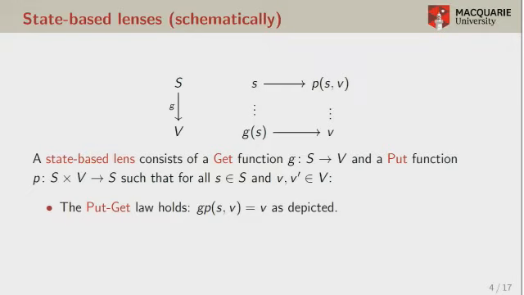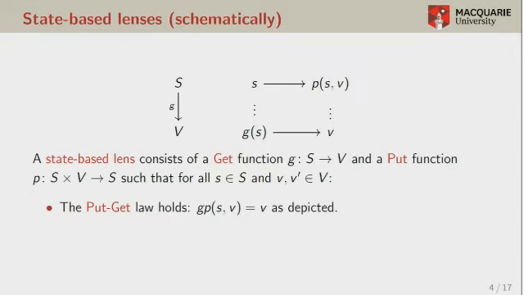It takes a pair of states, so our S, which comes from our source, which is where we start, and a view, which is where we update to, and this function takes that data and spits out a new source state, which is synchronized with this view state. So this put-get law really says that this lens is doing what we want it to do. It synchronizes things.